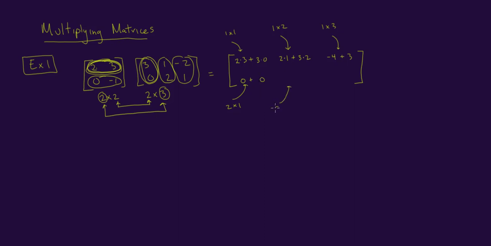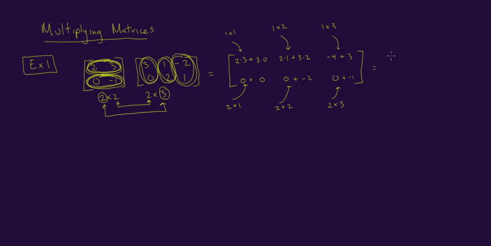Then to get the 2, 2 entry, we'll take the second row versus the second column. 0 times 1 is 0. -1 times 2 is -2. And then finally, for the 2 by 3 entry, we'll do second row versus third column. 0 times -2 is 0, and -1 times 1 is -1.